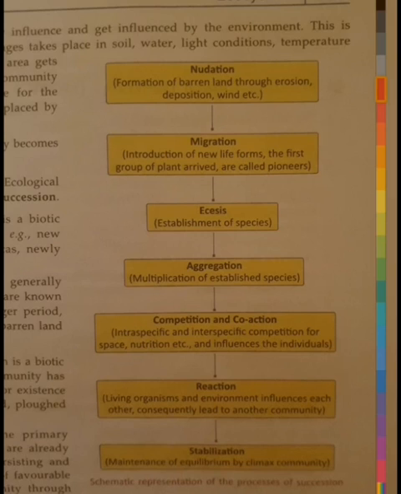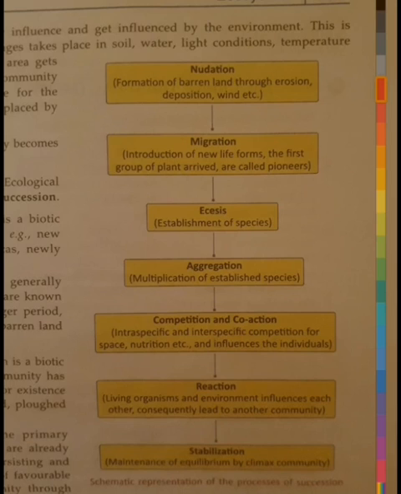During nudation, the bare area or the barren land is devoid of any life form. The cause of nudation may be climatic, for example wind, erosion, flood, drought, etc., or it may also be topographic, like landslide, volcanic eruptions, and it may also be biotic.